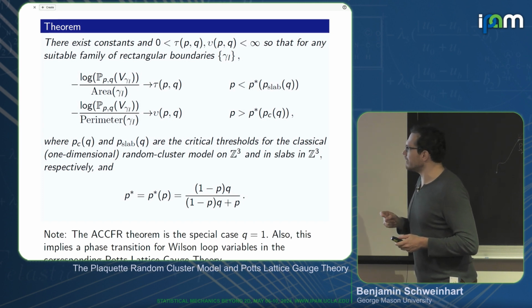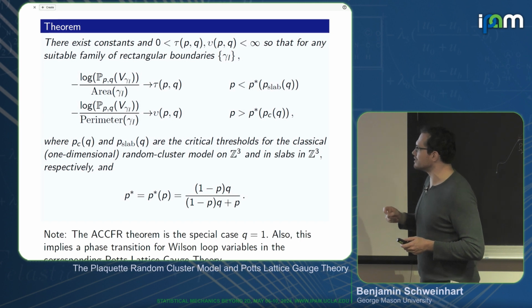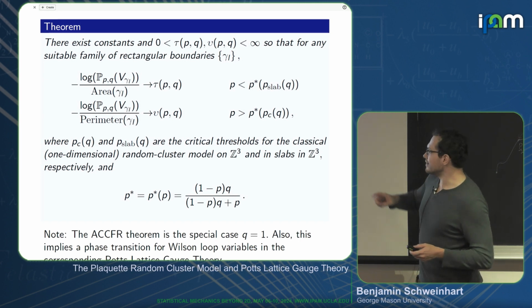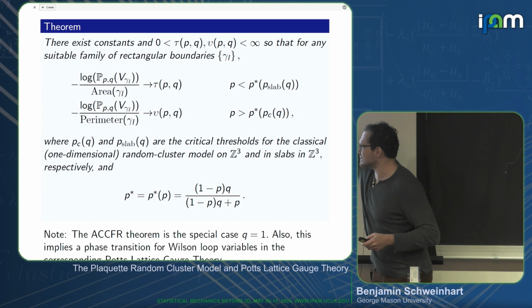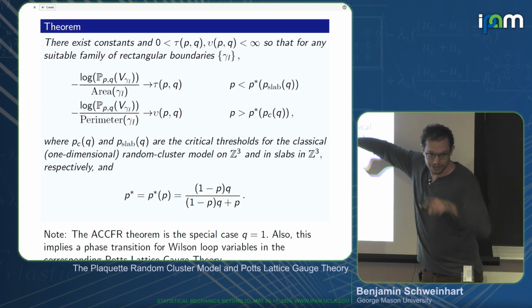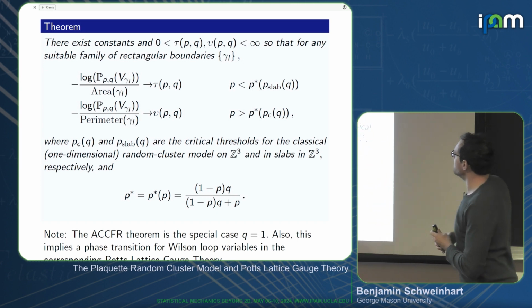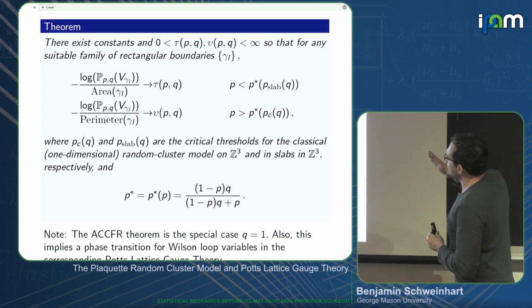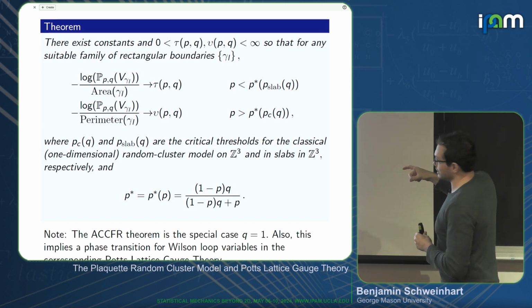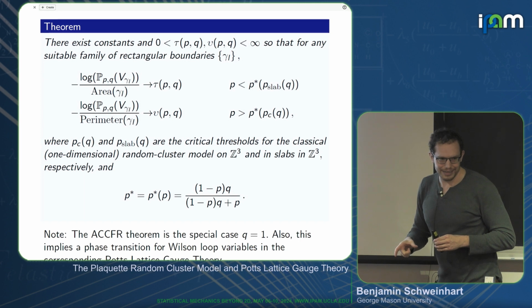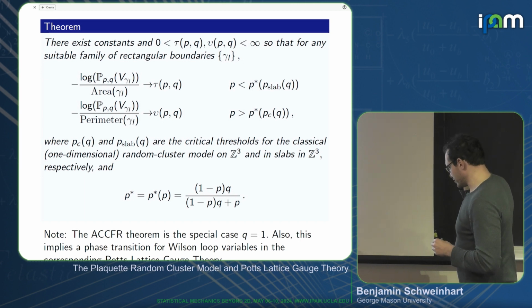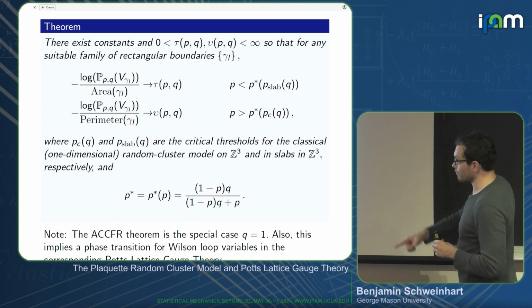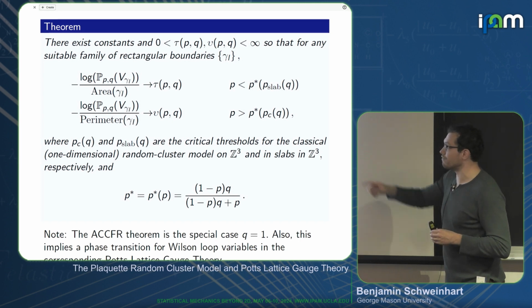So in particular, if your random cluster model on Z^3 is subcritical, this p star is a decreasing function, so this changes the order. It takes the subcritical regime to the supercritical regime. If your dual random cluster model is subcritical, then your plaquette random cluster model is supercritical, and you have perimeter law decay.